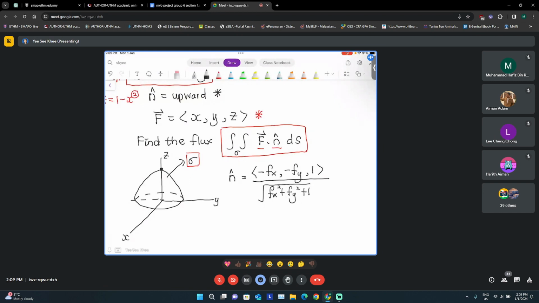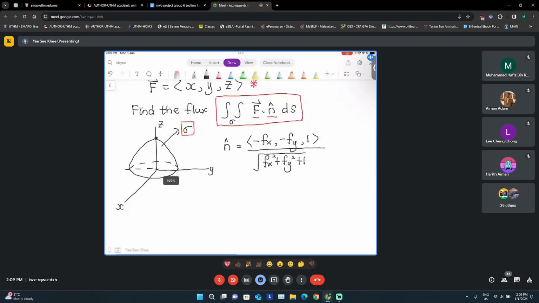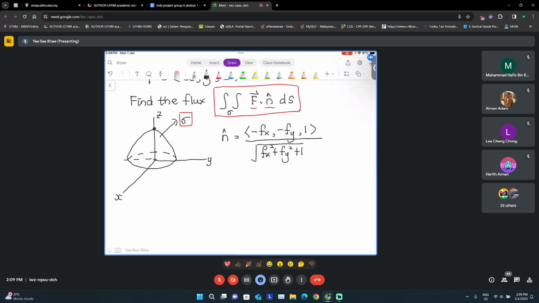When you look at this equation for the unit normal vector, this term is telling you that you need to differentiate with respect to x, and differentiate with respect to y. But what function is to be differentiated? You have to look at the surface.